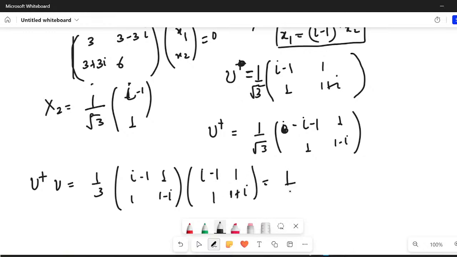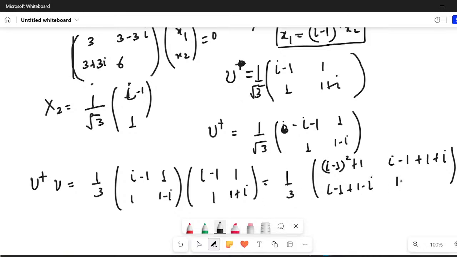And try to do this. This is 1 over 3, and here you will get iota minus 1 whole square plus 1. Then here it is iota minus 1 plus 1 plus iota. Then here it is iota minus 1 plus 1 minus iota, and here it is 1 plus 1 minus iota square.